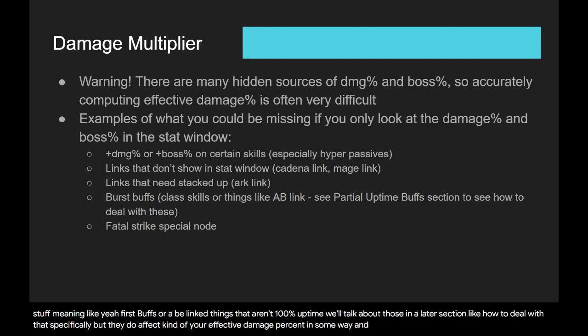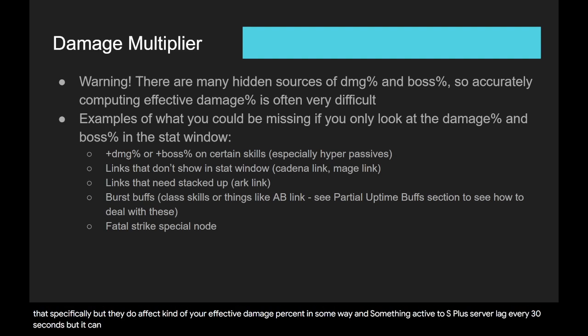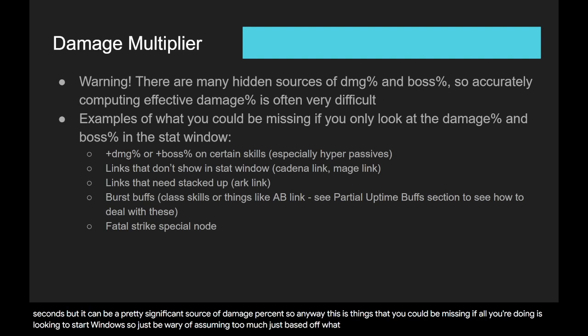And lastly, Fatal Strike node. Yeah, it's only active 2 seconds plus server lag every 30 seconds, but it can be a pretty significant source of damage percent. So anyway, these are things that you could be missing if all you're doing is looking at the stat window. So just be wary of assuming too much based off what's in your stat window.